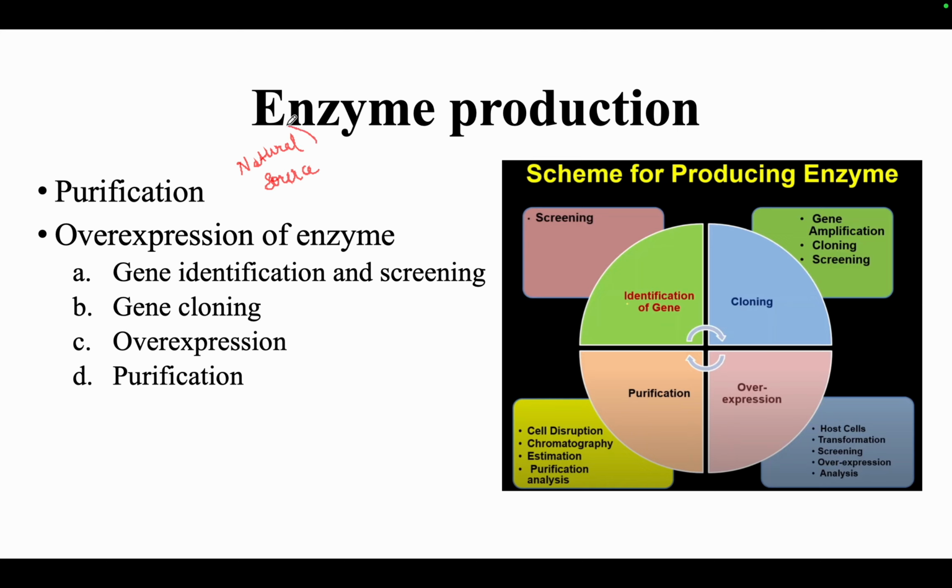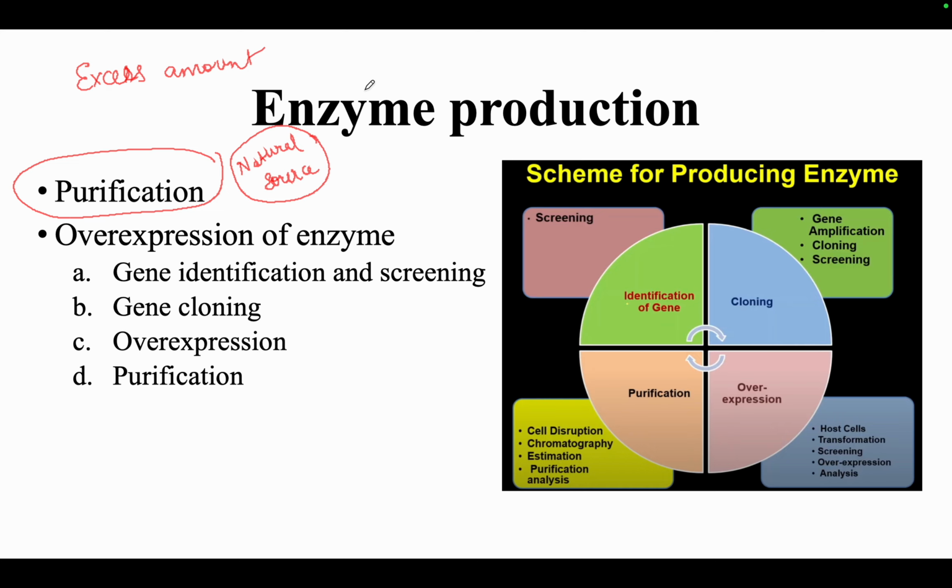Directly purifying it from a natural source has many limitations, as we might not get an abundant or large amount of enzyme. That's why only very limited studies are possible with such a small fraction of enzyme, and we need to do multiple isolations. So there are two methods: either we overexpress or we don't overexpress the enzyme.